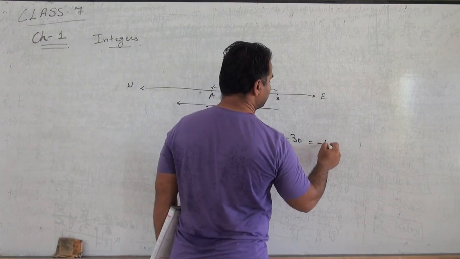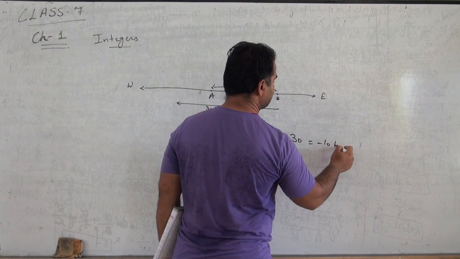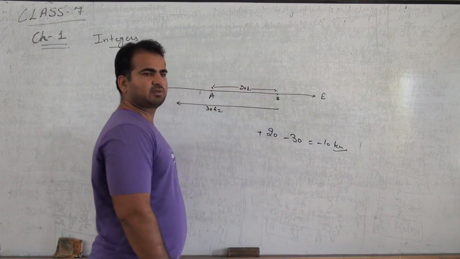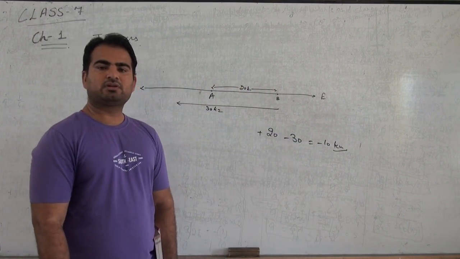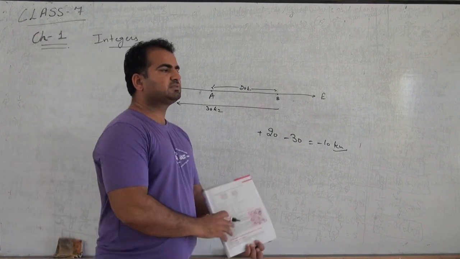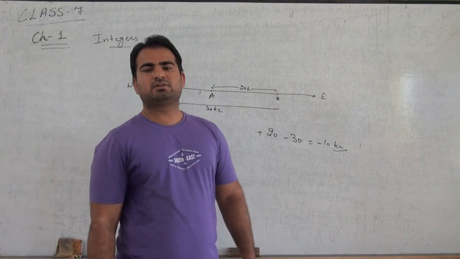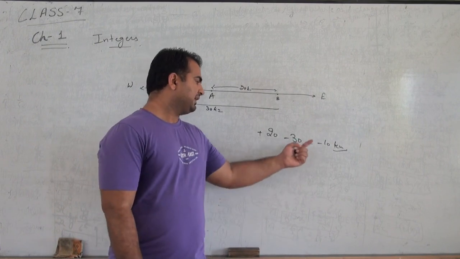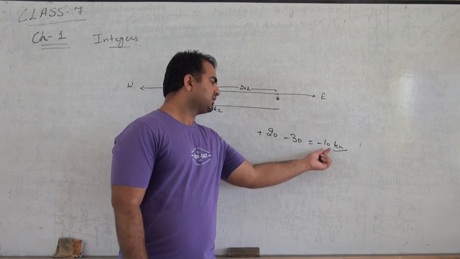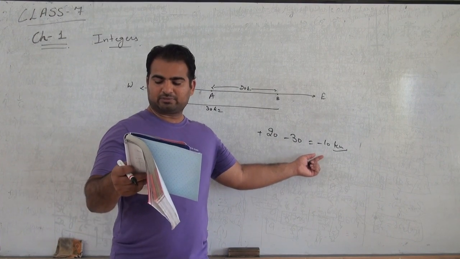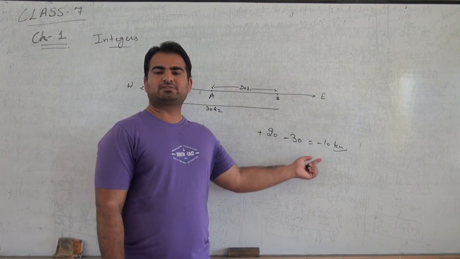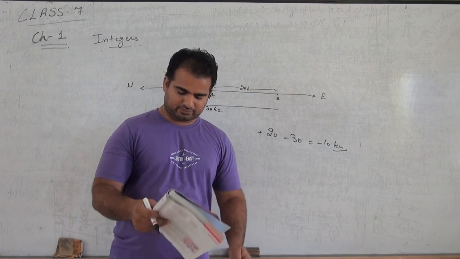It will be minus 10 kilometers. He was asking what is the nature of the integer that will come. So the final position is minus 10 kilometers and it is of negative nature.